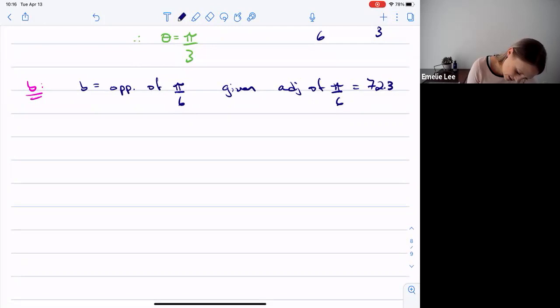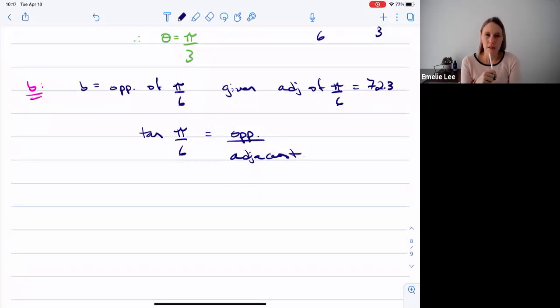So what we have is that we know that the tan of pi over 6 is the opposite over adjacent. But we also know that the tangent of pi over 6 is, well, we could take it from the sine over the cosine, or I can just grab it from that table that I gave you.